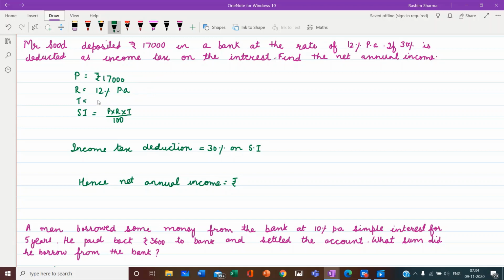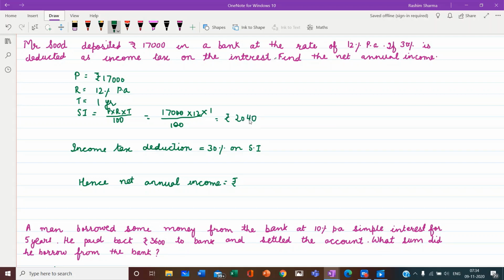Now here time will be 1 year because money is deposited for 1 year. Now when we calculate simple interest, it becomes 17,000 into 12 into 1 upon 100. Zeros cancel here. So 170 into 12, it comes as rupees 2040.